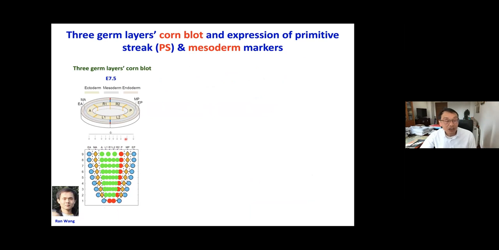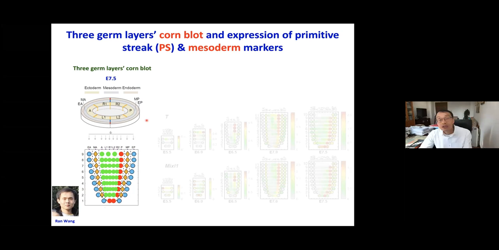So you can see this is from the distal region to the proximal region. In the middle, this is the epiblast or ectoderm layer. Here, the yellow color is mesoderm, and outside is endoderm.